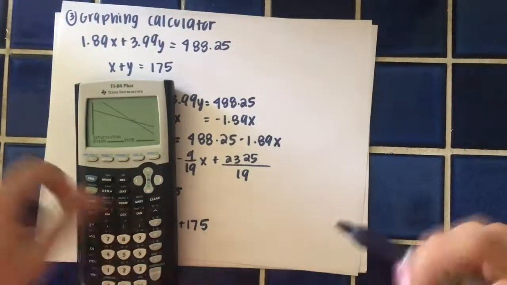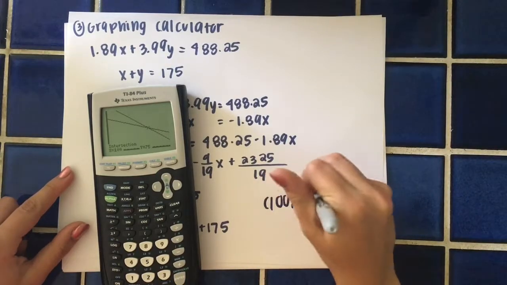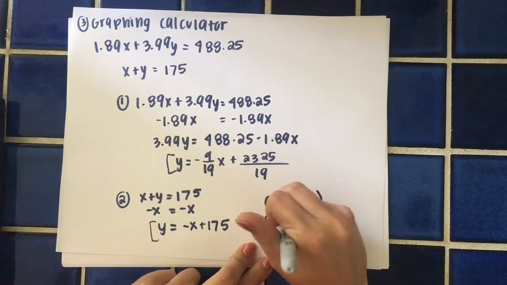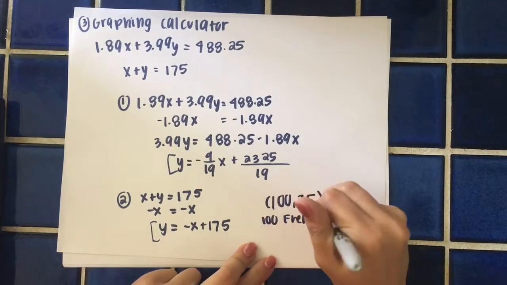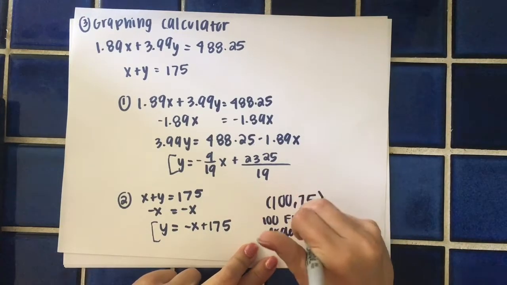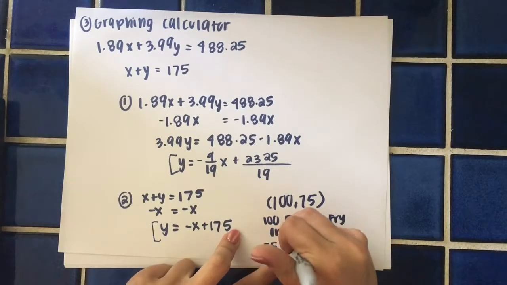So let's write that back down. So we have 175. So that means, once again, that we have 100 French fry orders and 75 Big Macs.